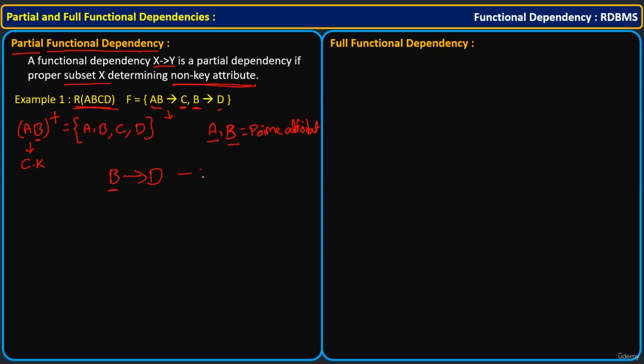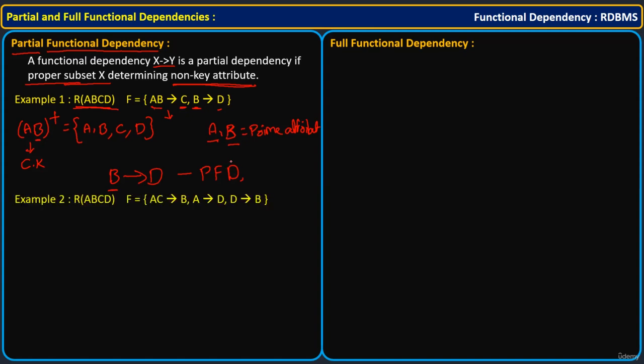So this is a partial functional dependency. But AB deriving C is not a partial functional dependency. So always check like this. B is a proper subset of the key, right? So that is what it is.